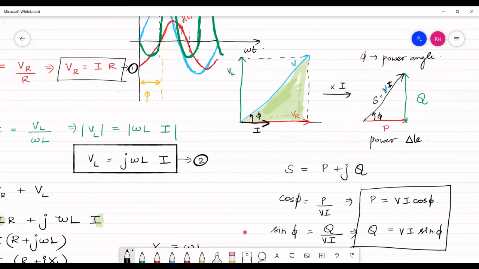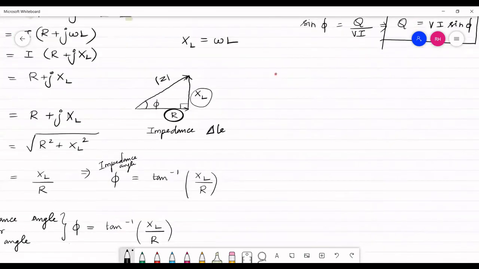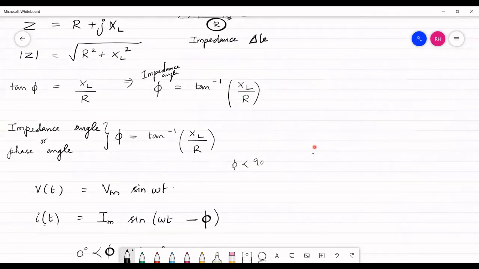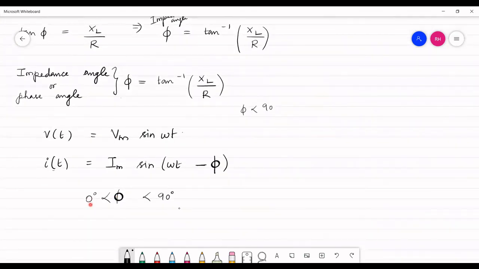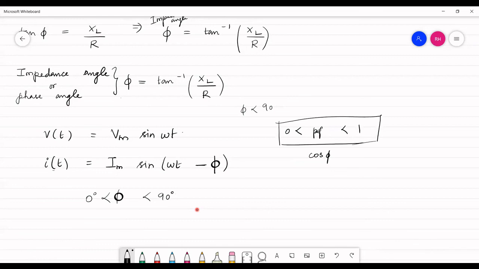And the power factor of this circuit is cos φ, where φ is going to range between 0 and 90 degrees, and hence the power factor, that is cos φ, will range between 0 and 1. So this is going to be the range of the power factor for an inductive circuit.